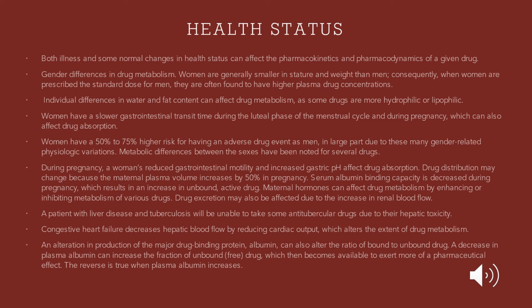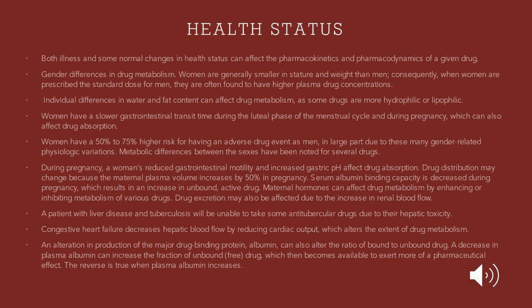During pregnancy, a woman's reduced gastrointestinal motility and increased gastric pH affect drug absorption. Drug distribution can change because the maternal plasma volume increases by 50% in pregnancy.